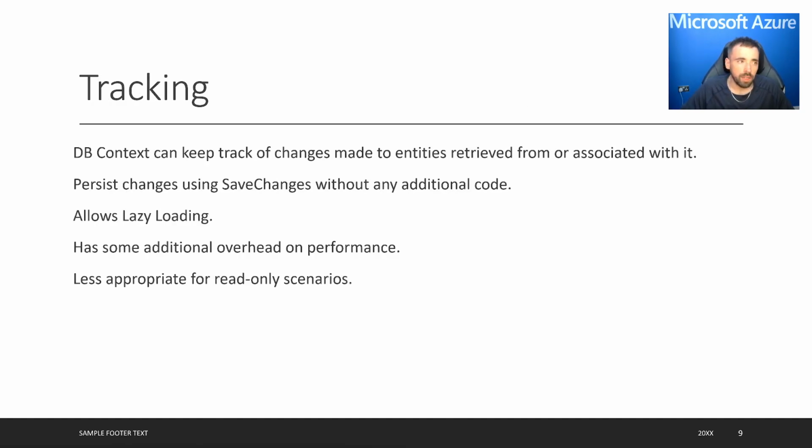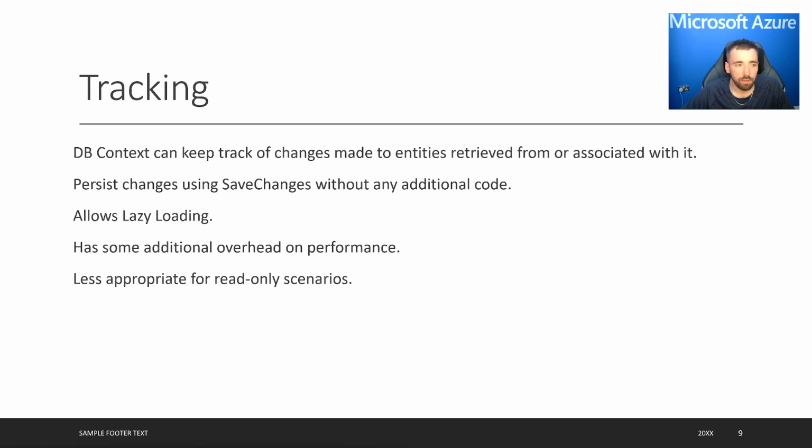The next concept is tracking, and this allows the database context to keep track of changes made to entities retrieved from or associated with it. It allows us to persist changes using SaveChanges without any additional code. It allows lazy loading, which isn't supported if we don't use tracking.